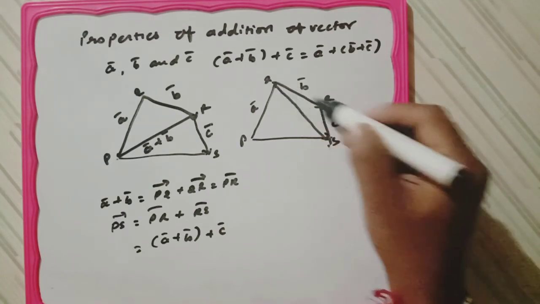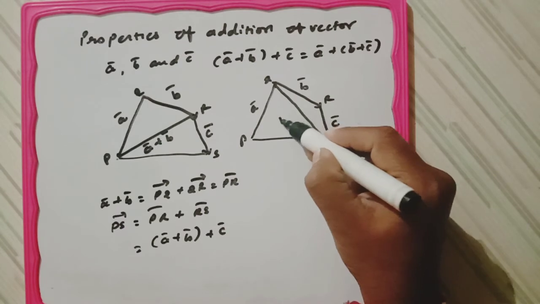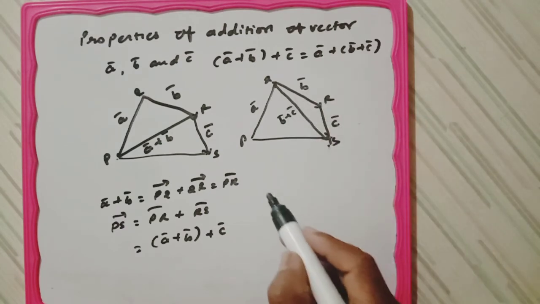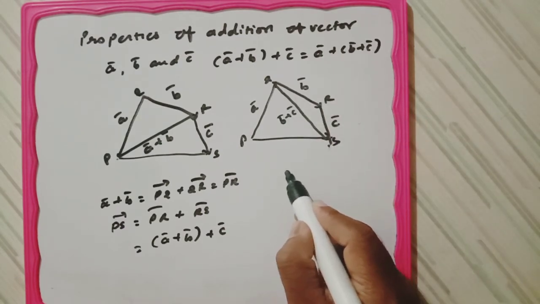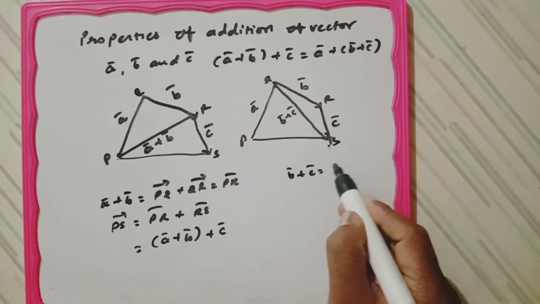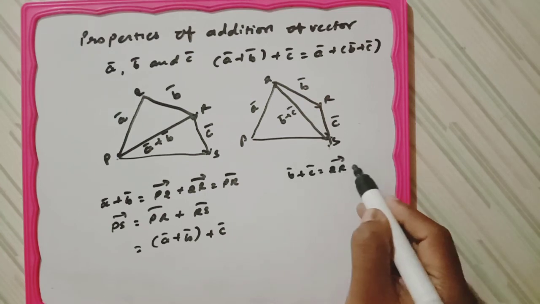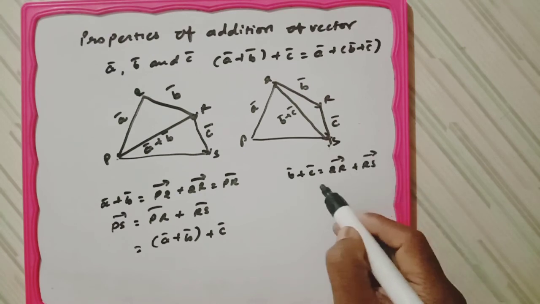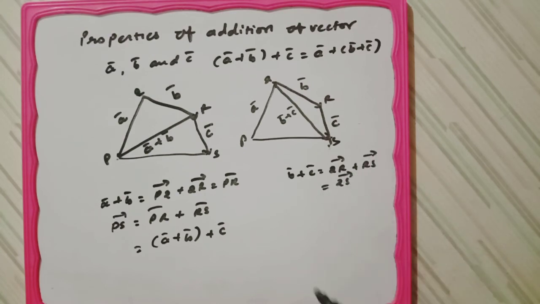Then by the triangle law the QS vector will be B bar plus C bar, so we can write B bar plus C bar equals QR plus RS, which gives us the QS vector.